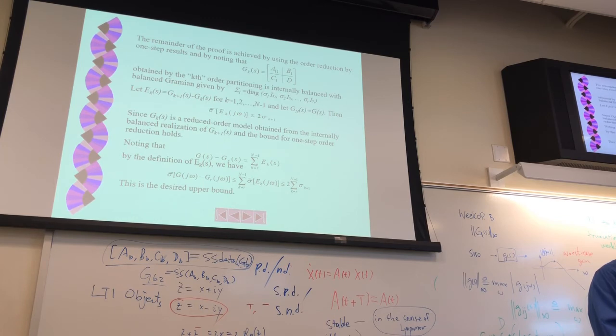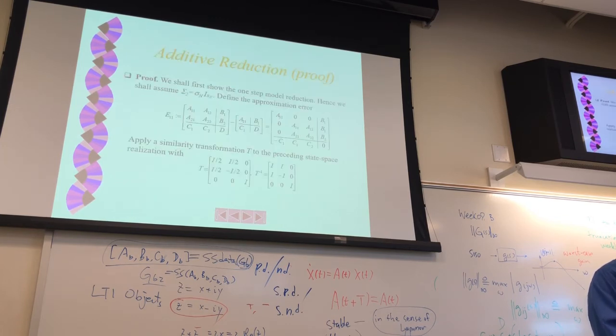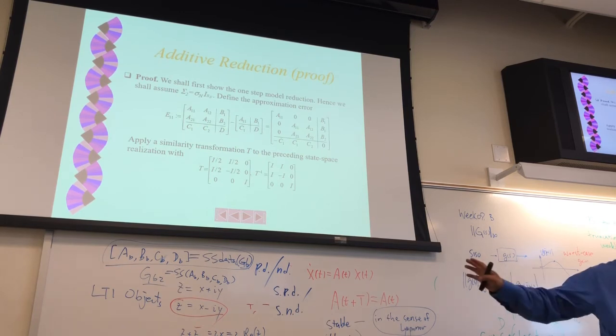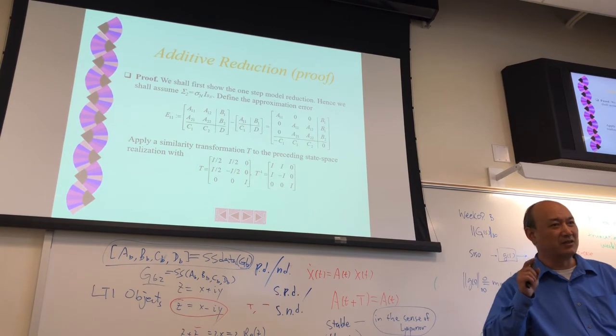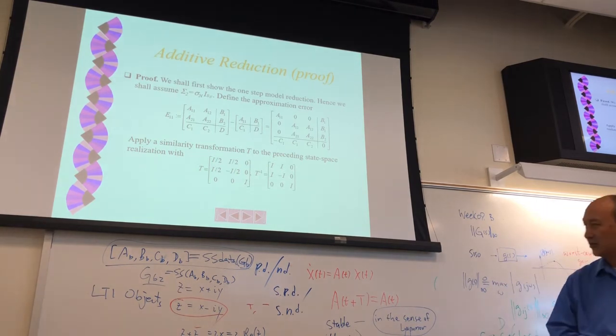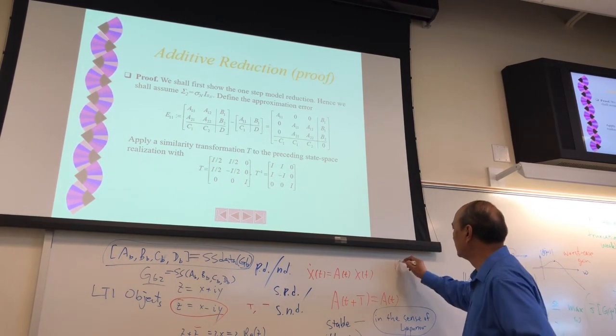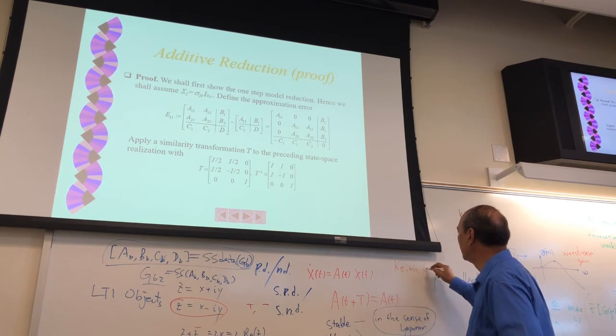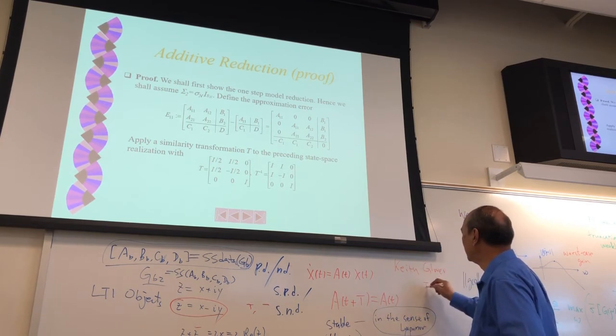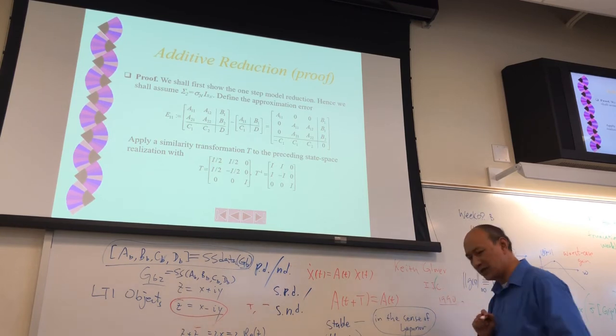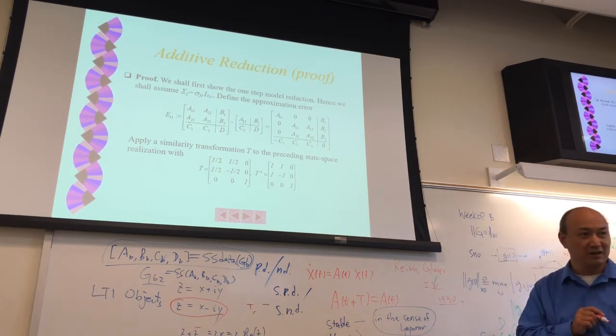So the upper bound is about additive. I have 4 pages of proof in here, but the original paper was written by Glover in the International Journal of Control, probably 1990, I forgot. It's called "A Hankel norm of a linear system."